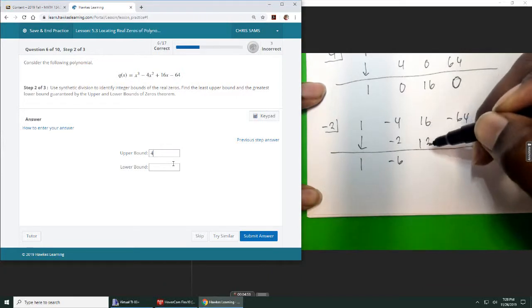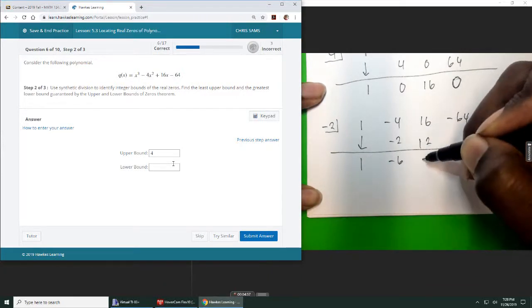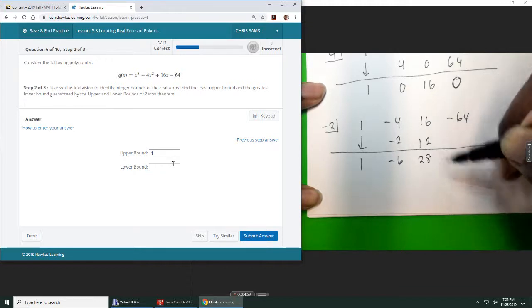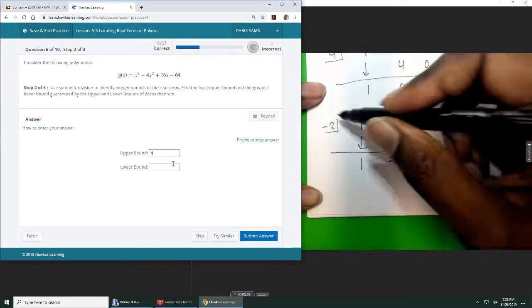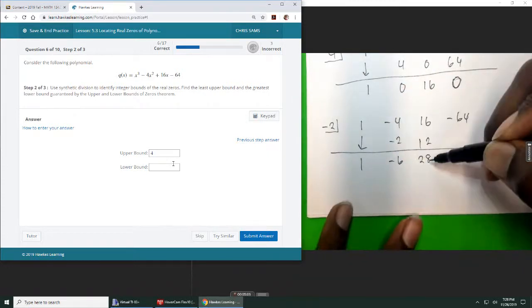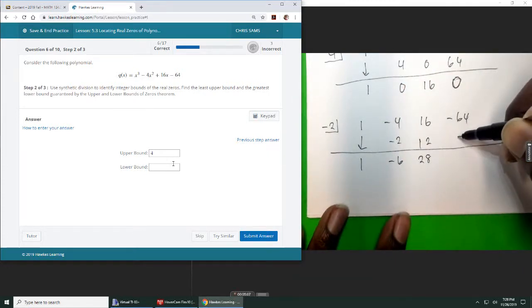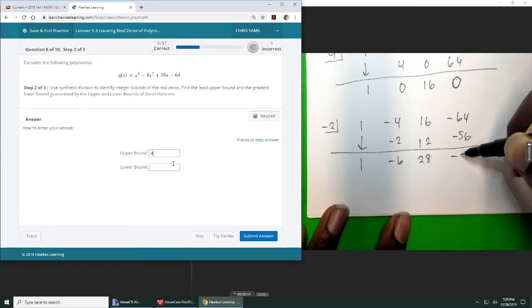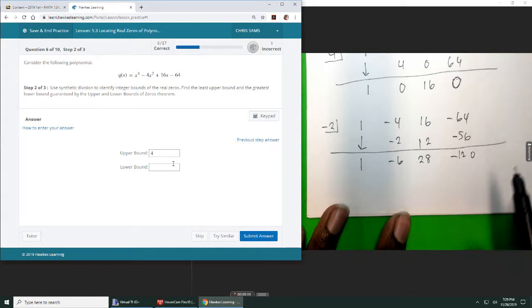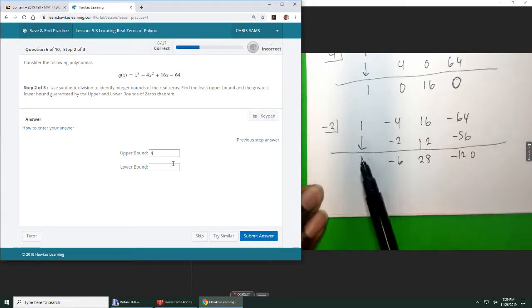Combine these two, and we get 28. And then negative times a positive is going to be negative. So times 2, we get negative 56. Combine those, we get negative 120. Okay, so it works with negative 2.